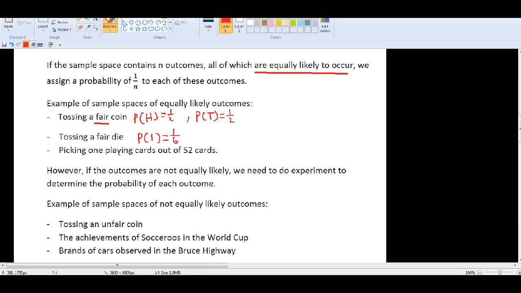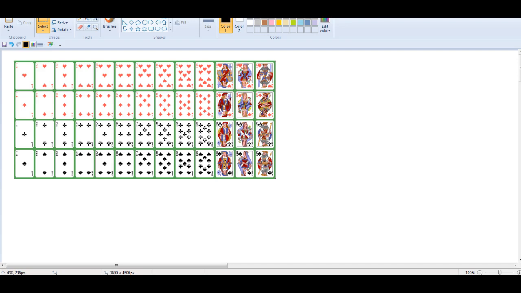Picking one playing card out of 52 cards. I might use the figure here so it's easier to understand. This is a set of playing cards, so let me pick one card. That's the heart 7.